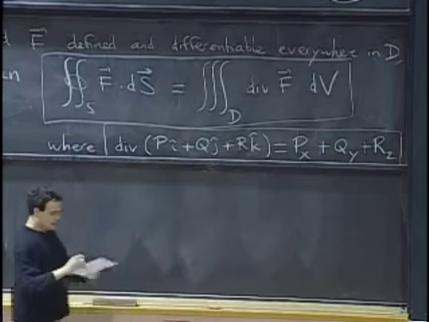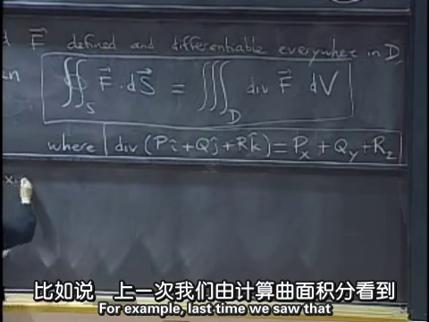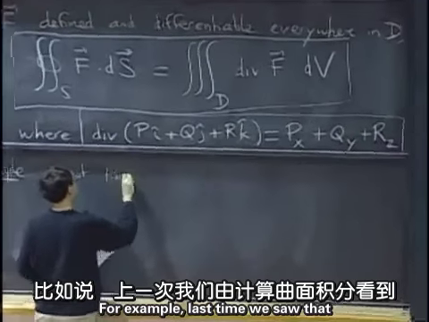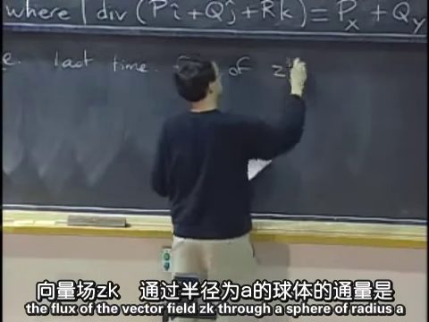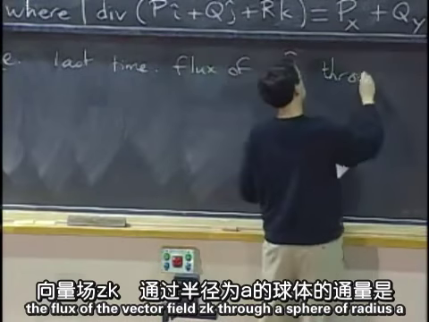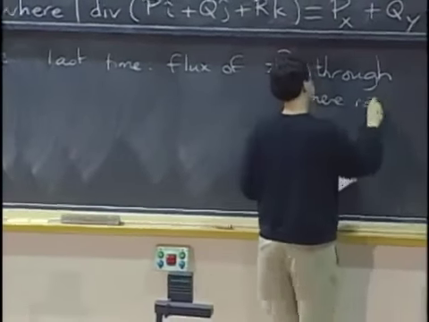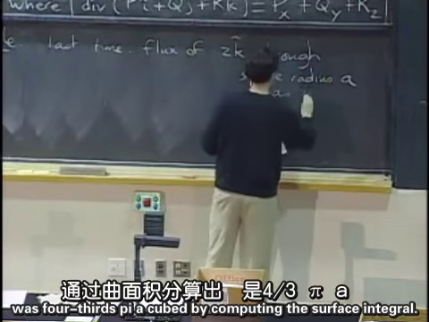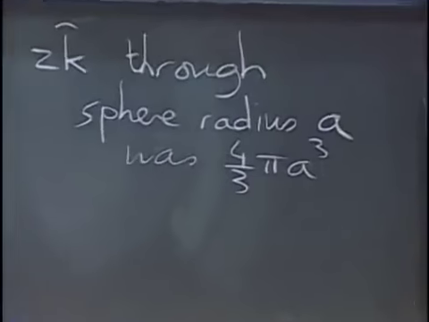So, for example, last time we saw that the flux of the vector field zk through a sphere of radius a was 4/3 pi a cubed by computing the surface integral.